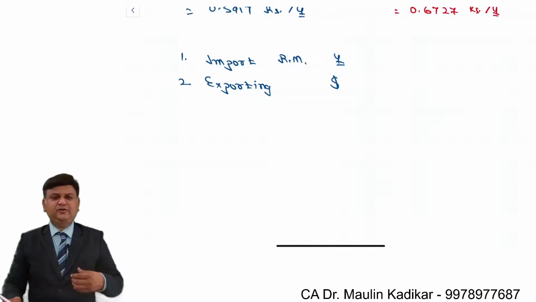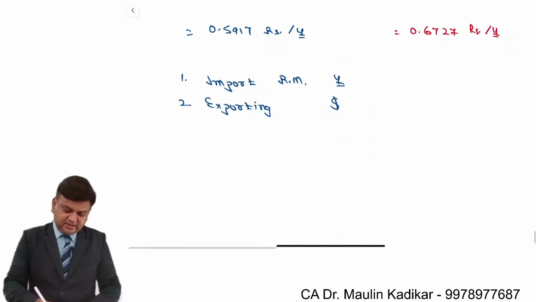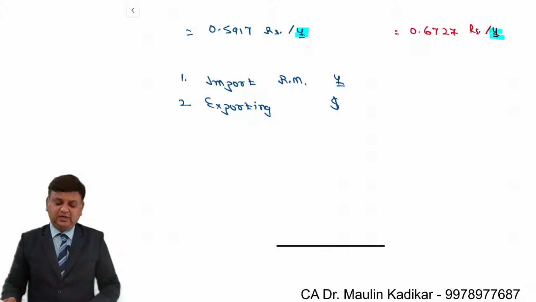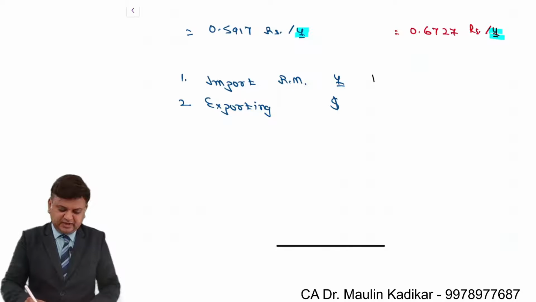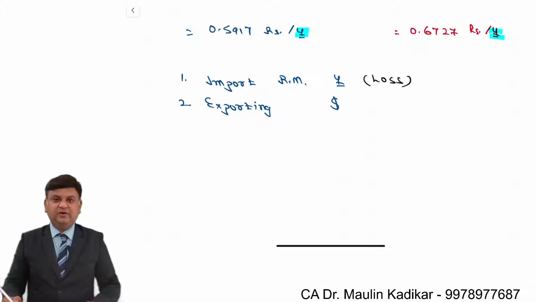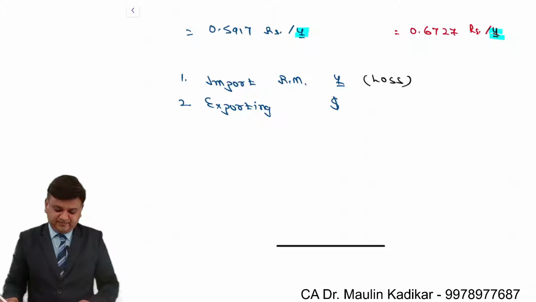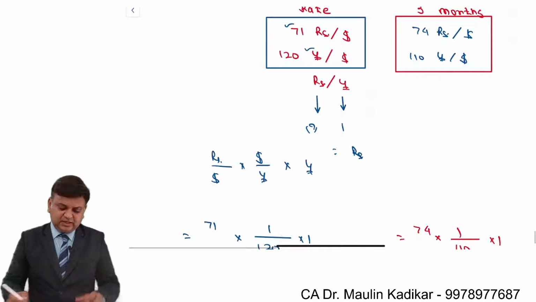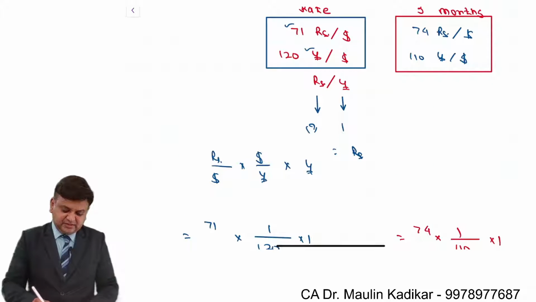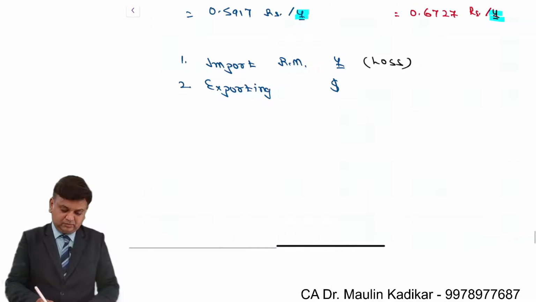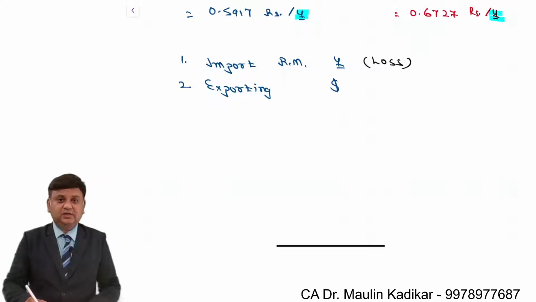If the yen currency appreciates, that is the kind of loss that we have. For the same yen we have to pay more amount of rupees, and if the dollar currency appreciates, then it is favorable for us. So over here the dollar currency is appreciating, and that is a favorable situation for us.